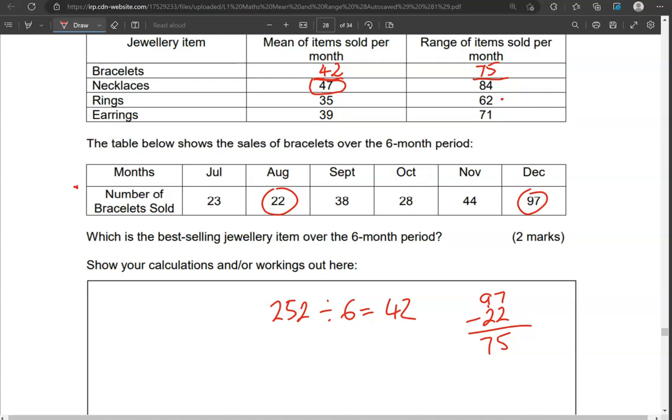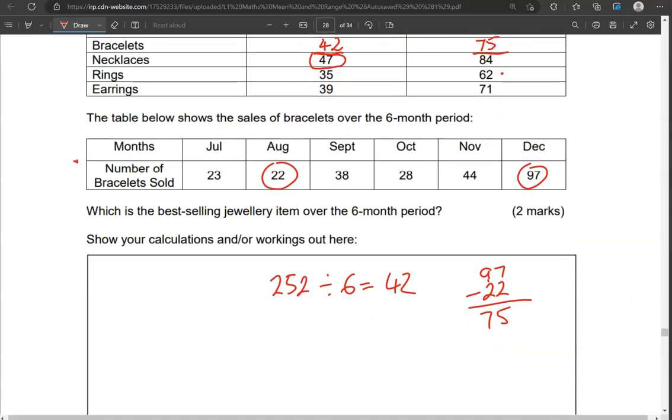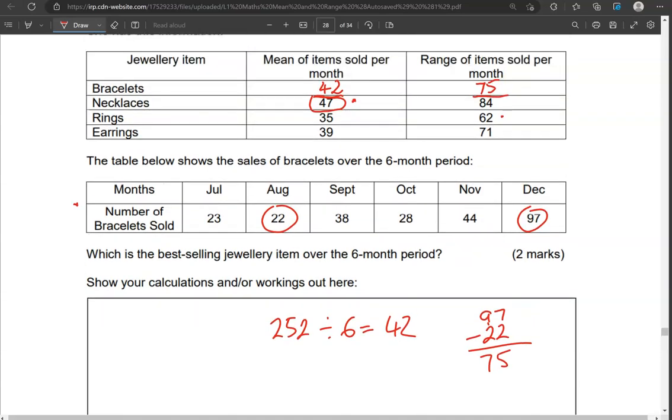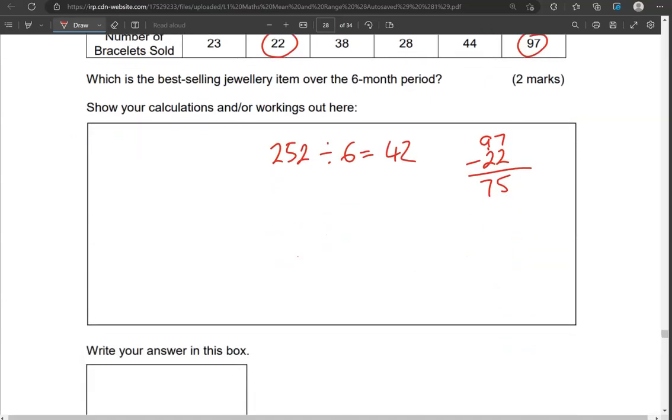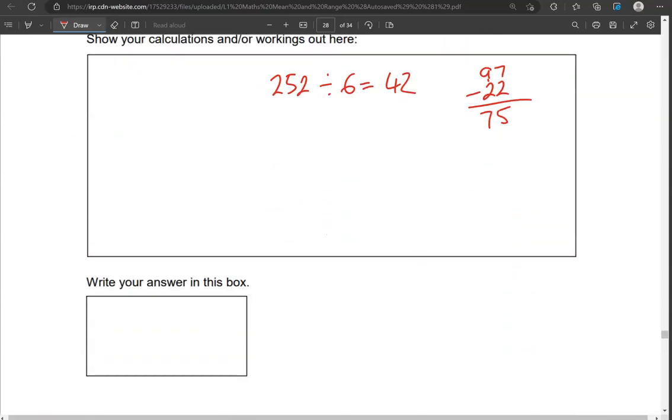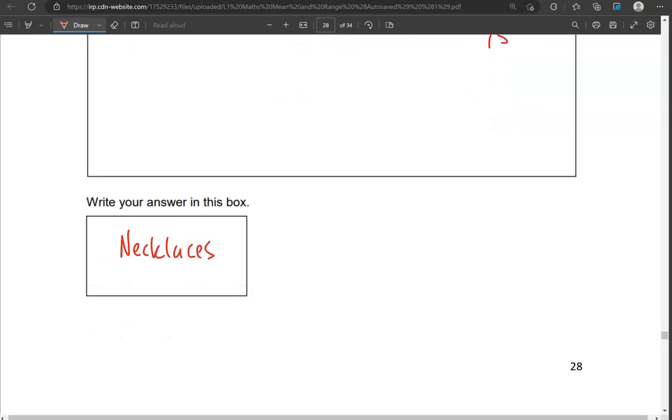So rings are the most consistent in terms of sales, but on average necklaces sell more. So we're going to say necklaces.